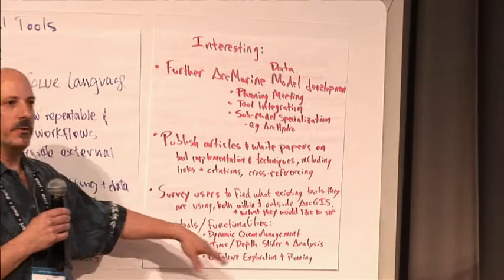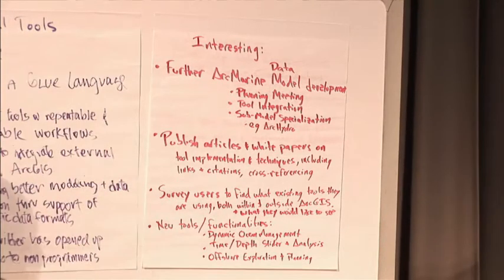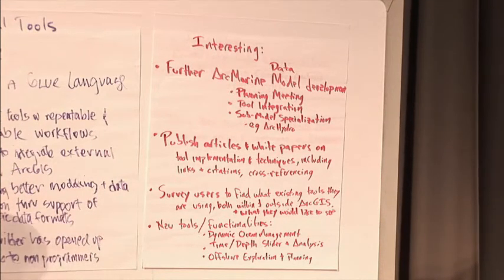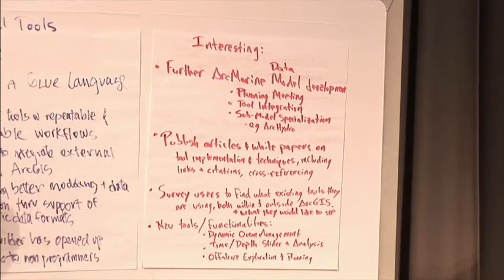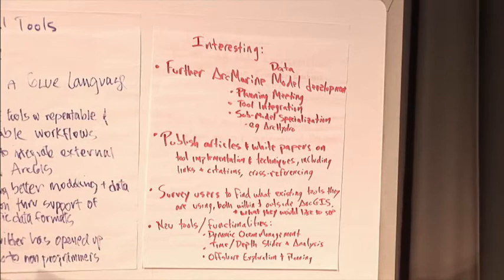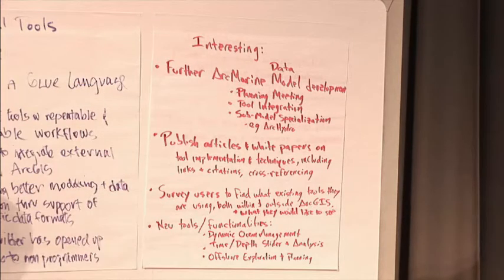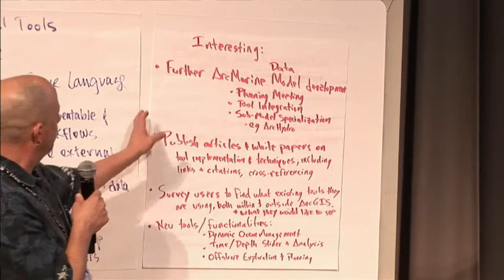And the slider is sort of the first step, but what would be really nice would be to be able to do more analysis on those variables. And I think someone in our group brought up the need for new tools and functionalities and a bridge between industries to encourage more use of ArcGIS in the offshore exploration and planning realm.